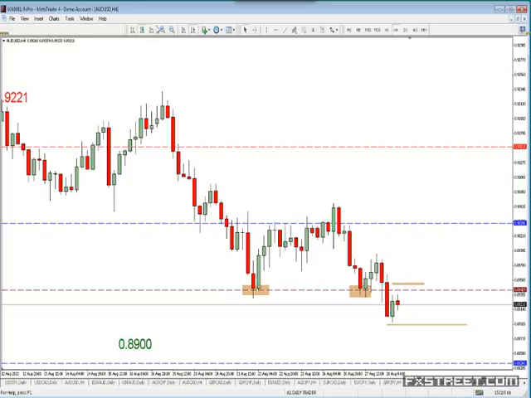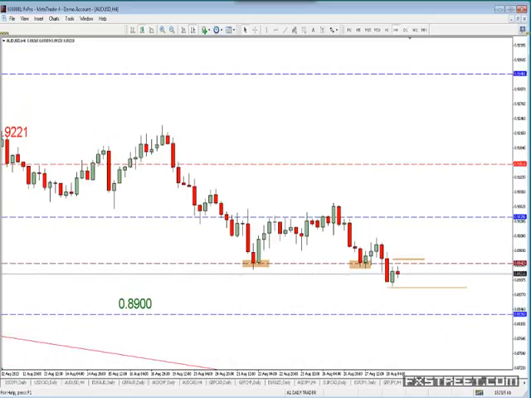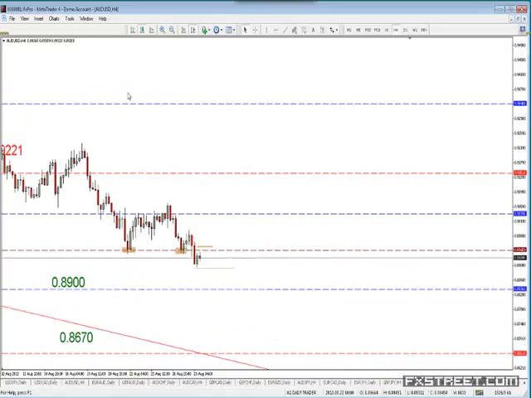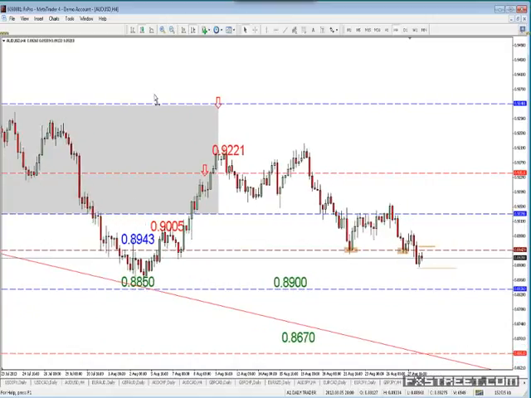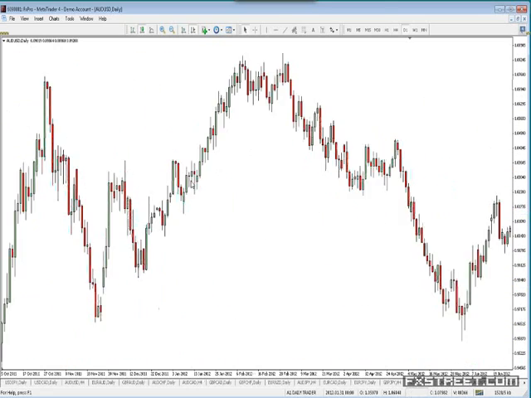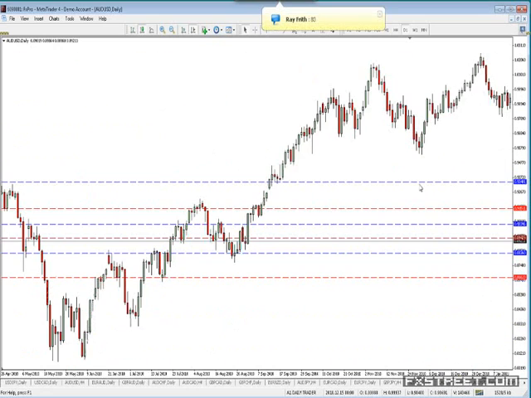That's the stop. And what about the second target? Well, 86.70, that's pretty far away, but 86.70 is probably the best. You might nitpick and say, well, see, 86.70 is right there.